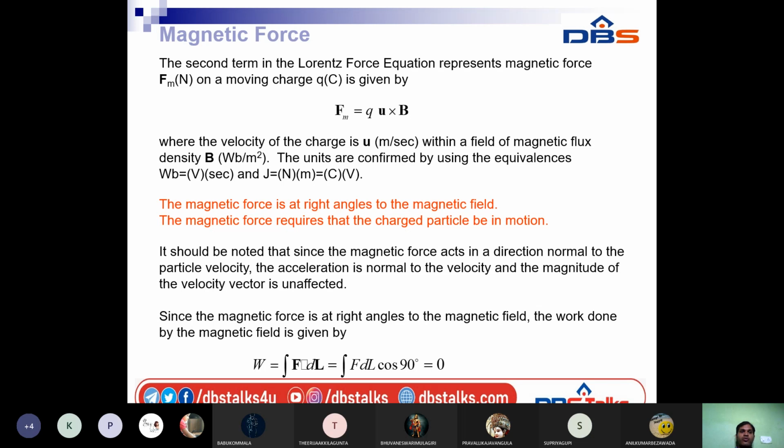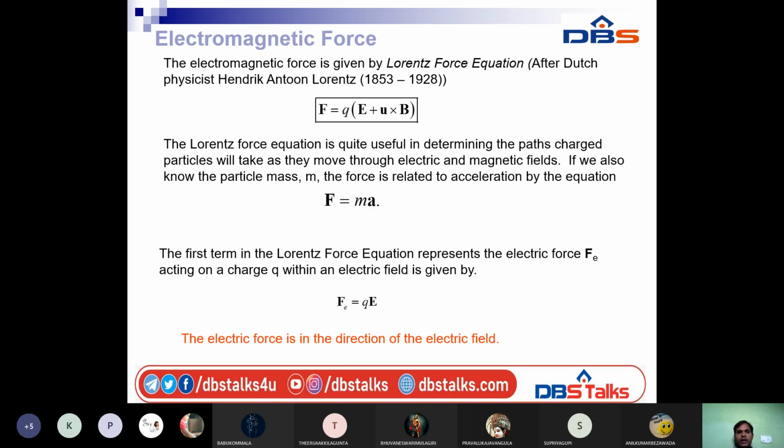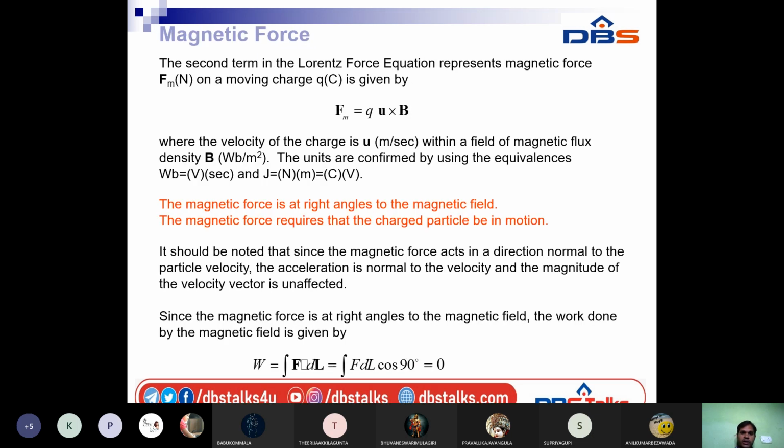Similarly, for finding the magnetic force, the second element in the given equation is F equal to Q into U bar cross B bar. You can split that equation as F suffix M, which is nothing but the force by the magnetic field.